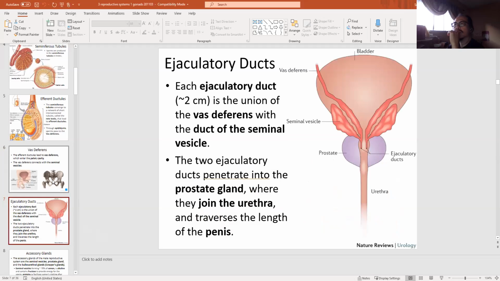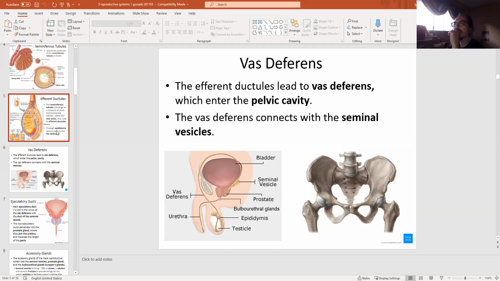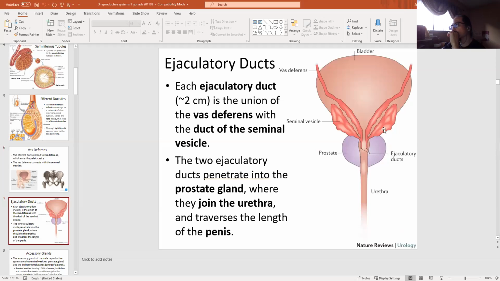So that's that. What else did we talk about? We talked about this one here. And then I use the other picture because I want to show you that we have two seminal vesicles, right here, these two. The structure here is that this is the vas deferens, coming from here.